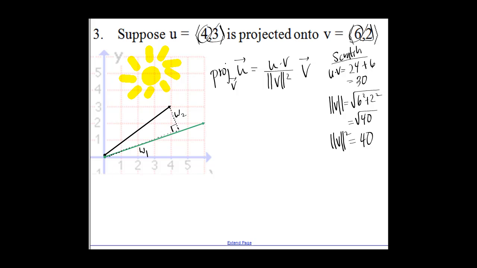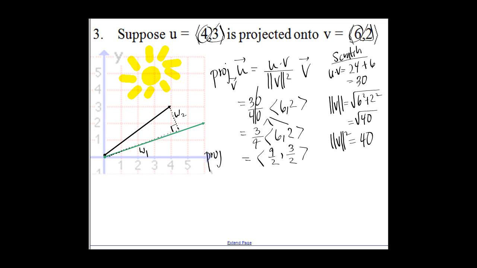So plugging in numbers, we get, let's see, u dot v was 30 all over 40 times vector v, 6, 2. Let's knock off some zeros here. So we've got 3 over 4 times this vector 6, 2. Distributing it in, we get, let's see, 9 over 2, comma, 3 over 2.